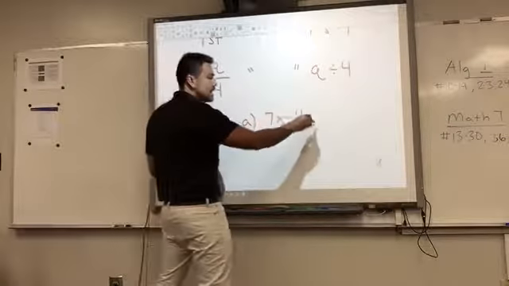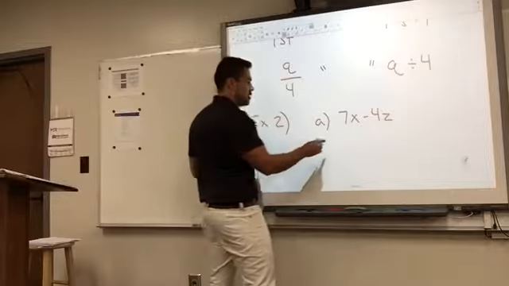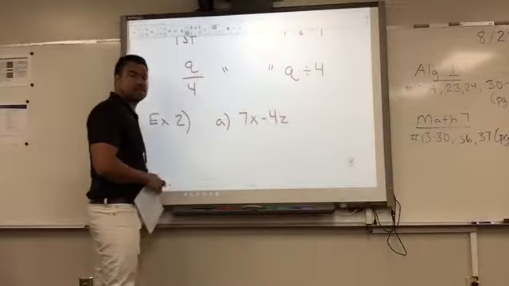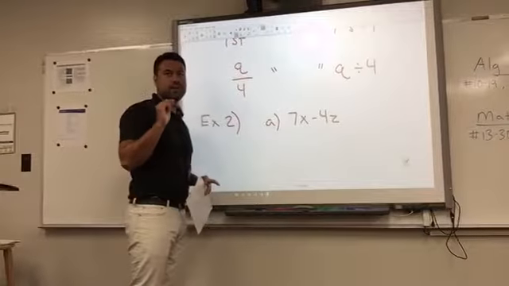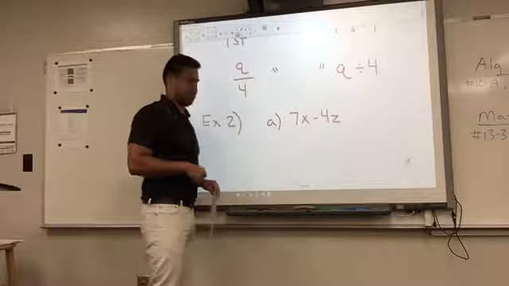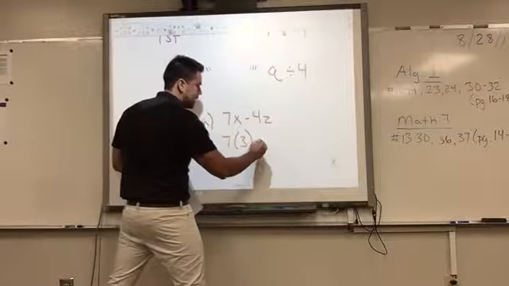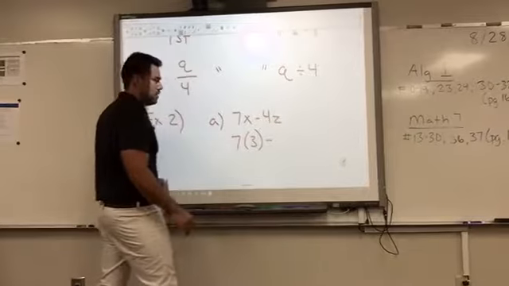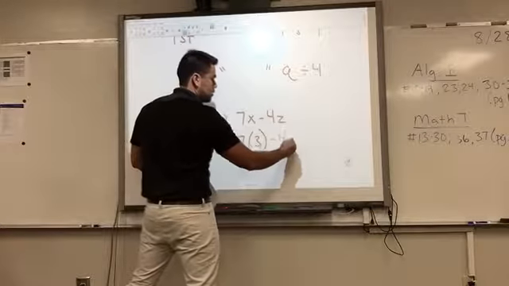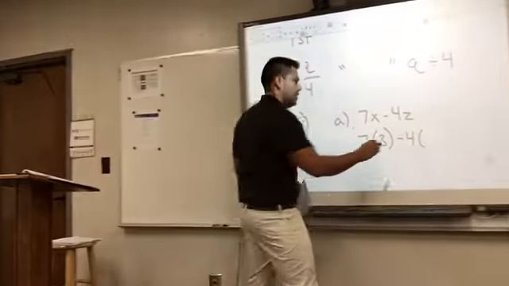All right. So what I'm going to do is this. Instead of x and z, what should I substitute? According to that example, what's x? Bella? X is 3. And what is z? Michael? 5.